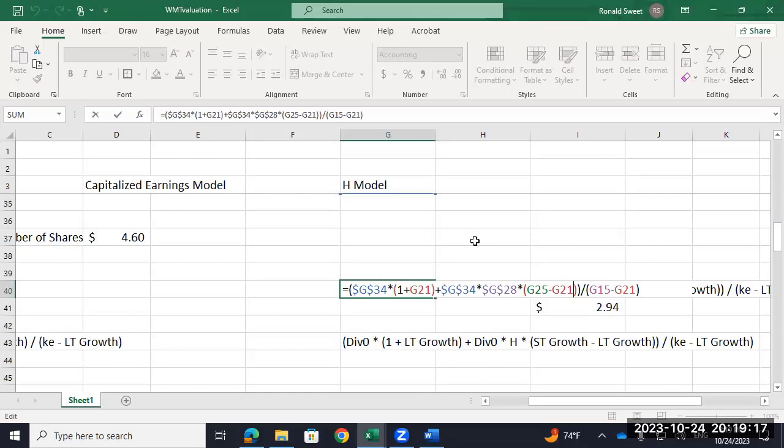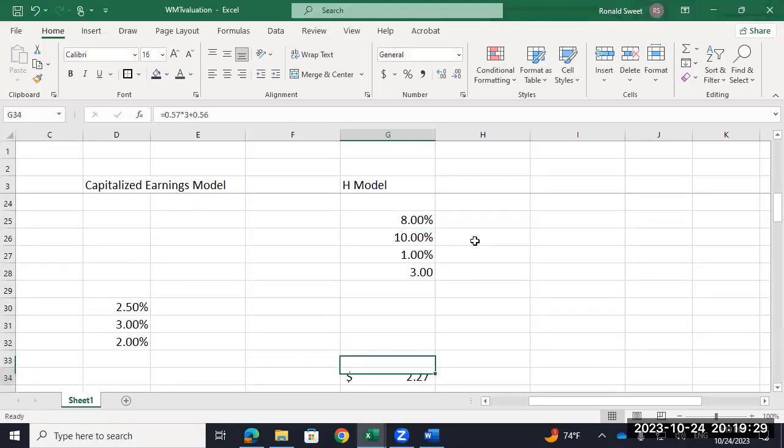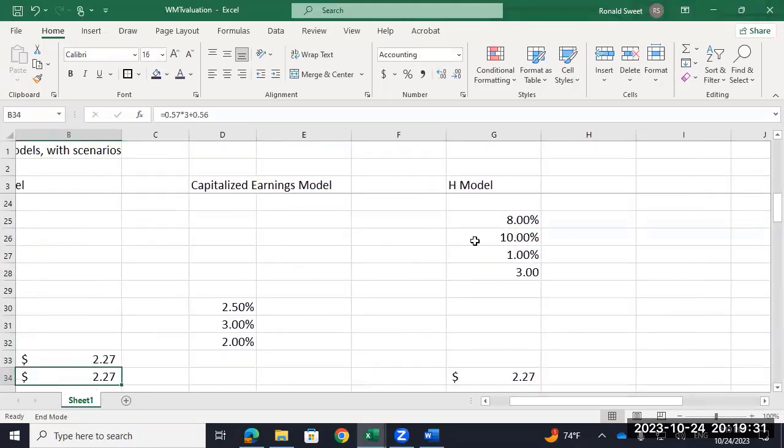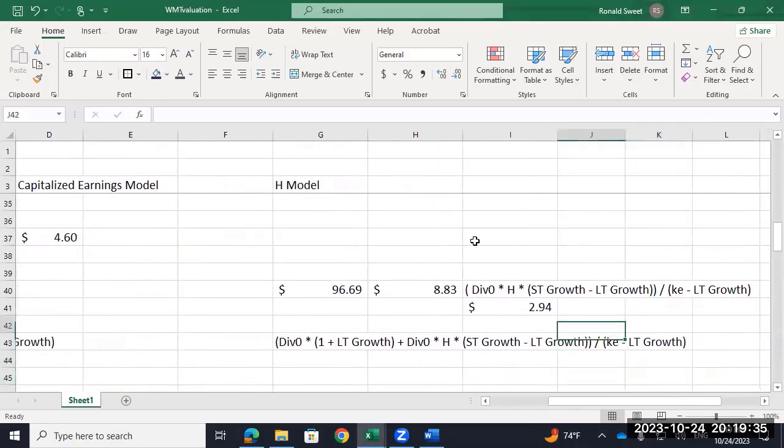Not seeing anything. Anybody see my error? So somewhere I messed up. G21, G21, G34, G34. That's the same. I didn't switch it. No one sees my error.